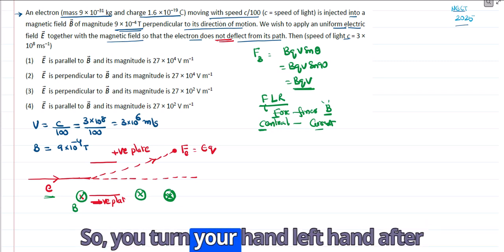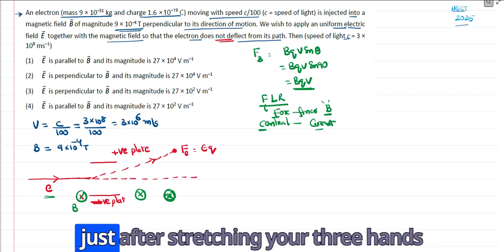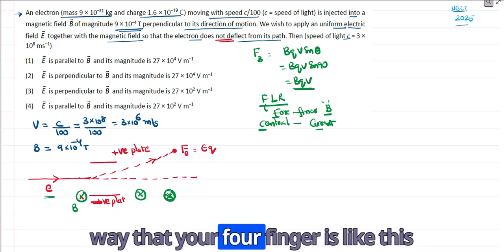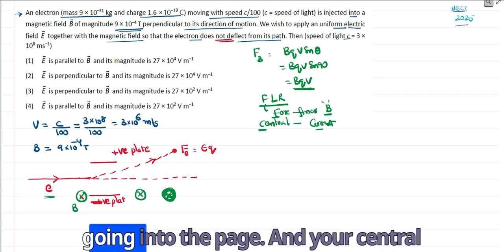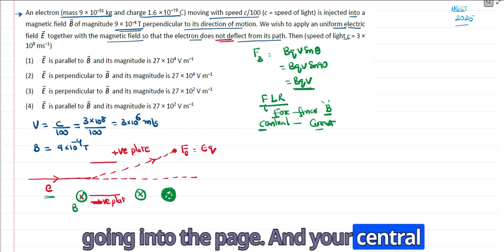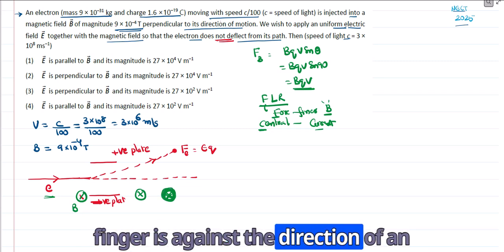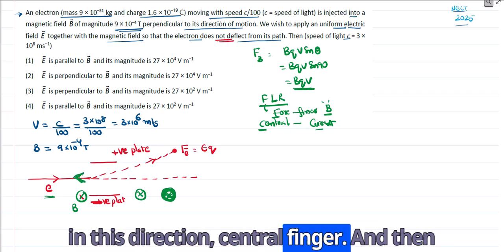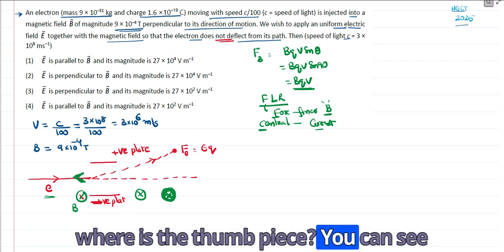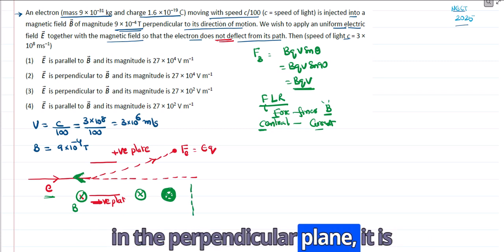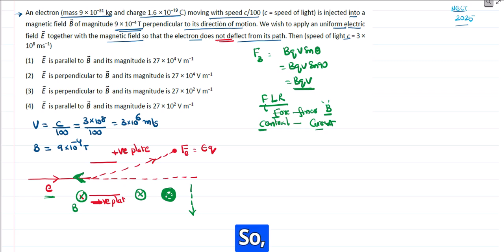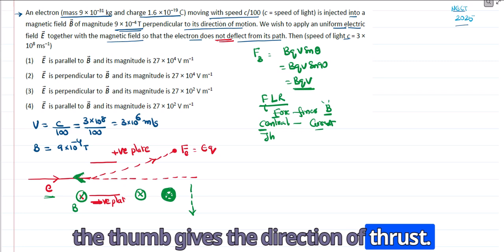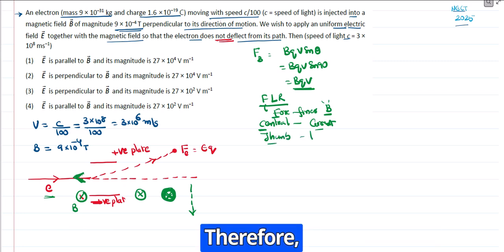So, you turn your left hand, after stretching your three fingers perpendicular to each other, in such a way that your forefinger is going into the page and your central finger is against the direction of the electron, from right towards the left. And then where is the thumb? In the perpendicular plane, it is downward. The thumb gives the direction of thrust or force.